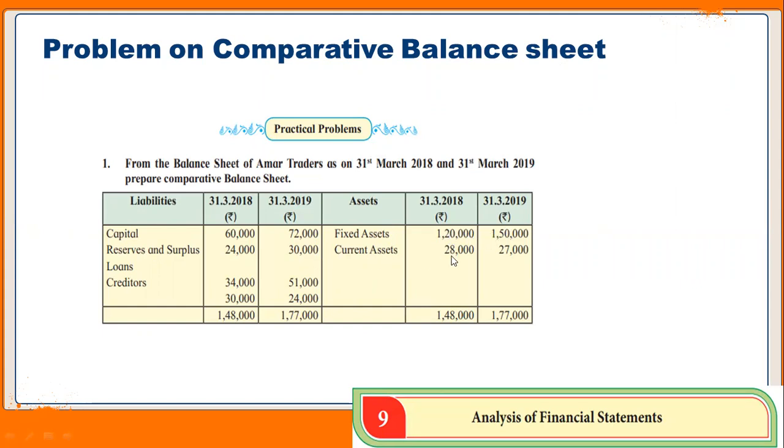Current assets 28,000 and 27,000. Total of both the years of assets and liabilities: 1,48,000 of 31st March 2018 and 1,77,000 of 31st March 2019.